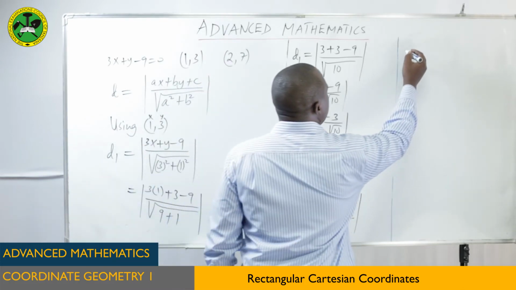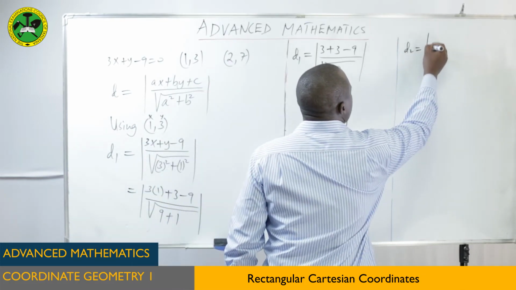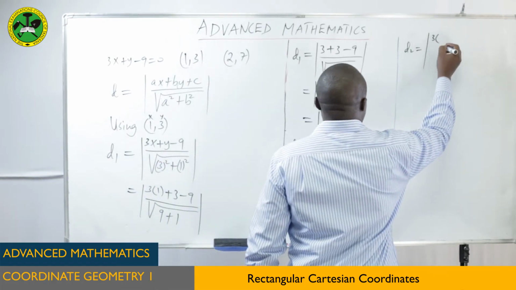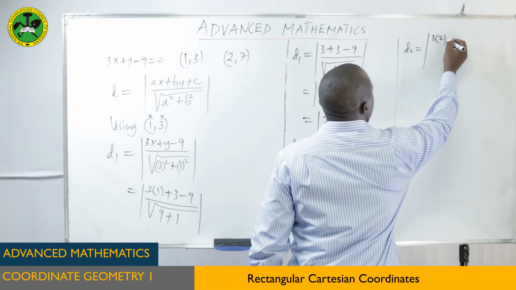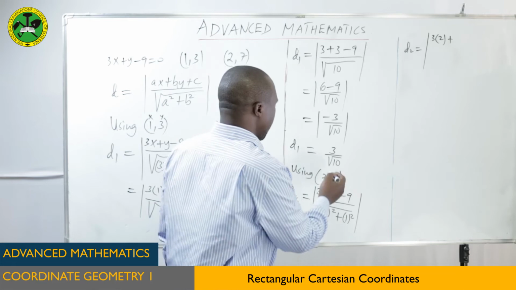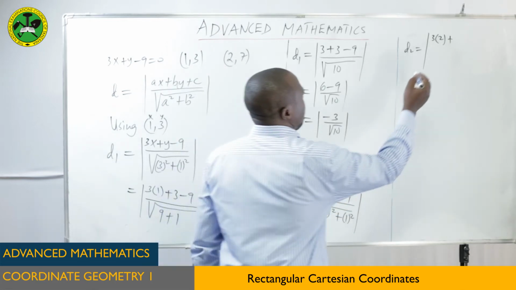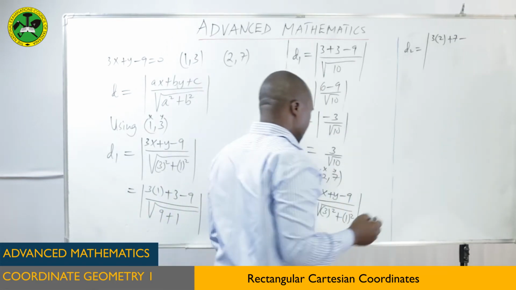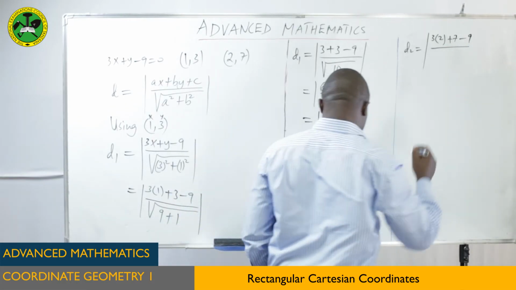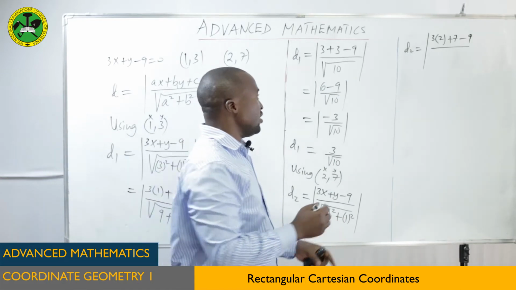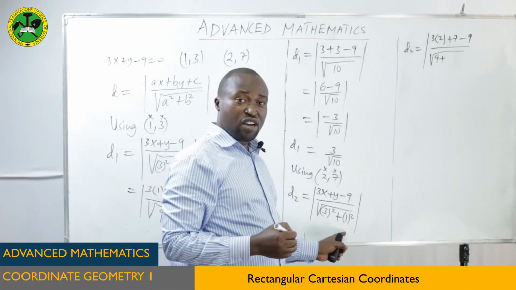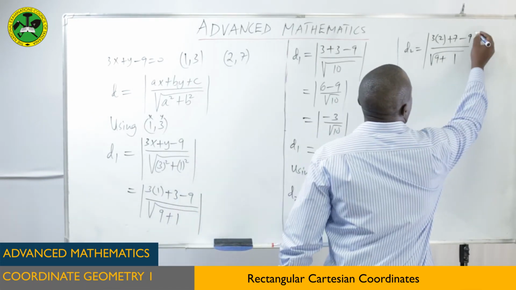So d2 is equal to the absolute of 3 times 2 plus the value of y, which is 7, then minus 9, over the square root of 3 squared, that is 9, plus 1 squared, that is 1.